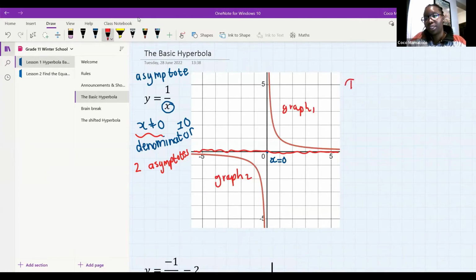Okay, the first thing that we're going to look for is the quadrants. Right. I hope you guys remember where the quadrants are. I'm going to move this over to this side. Quadrants. Okay, your parabola, your hyperbola, I hope I don't say parabola anymore, it's a hyperbola. Your hyperbola will always either be in the first and the third quadrant, or it's going to be in the second and the fourth quadrant.